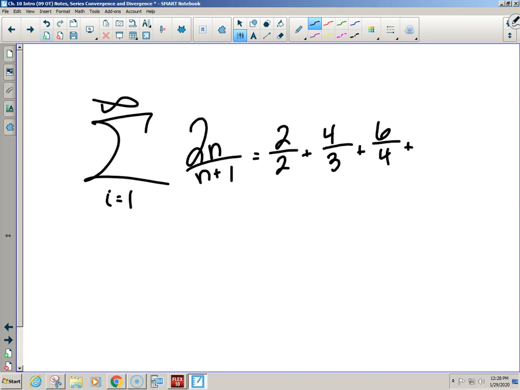And we could keep on doing 8 over 5, and then 10 over 6. Okay. Are the terms of the sequence increasing? Yes. Are the terms bounded?